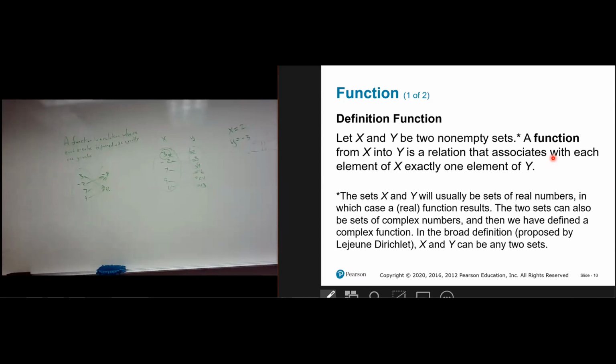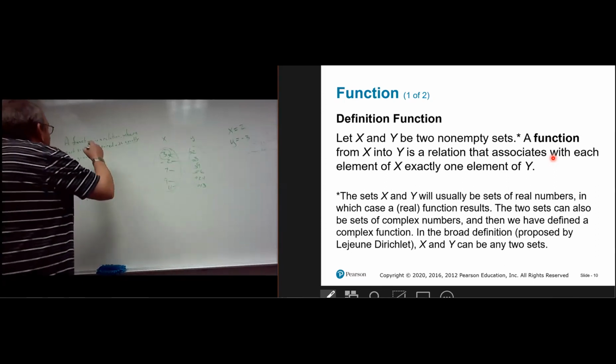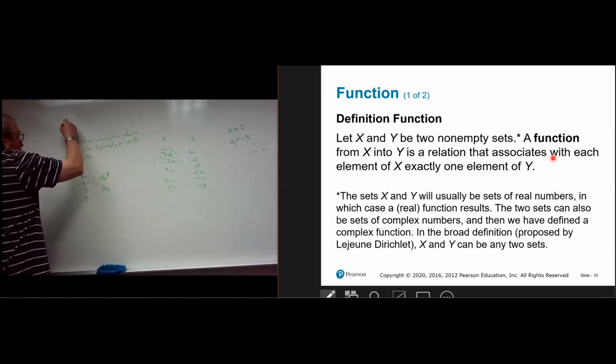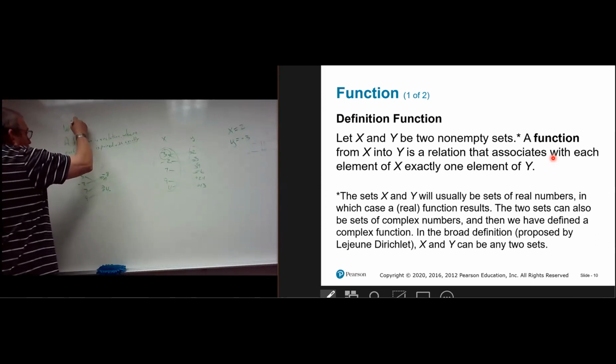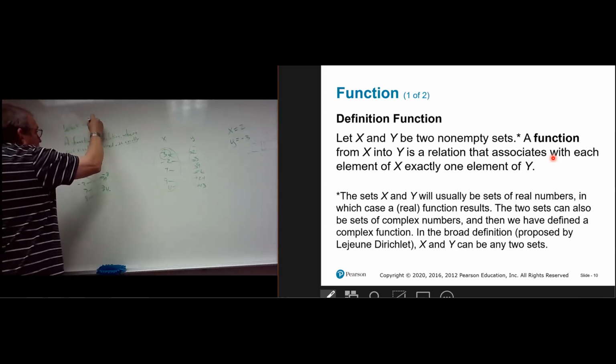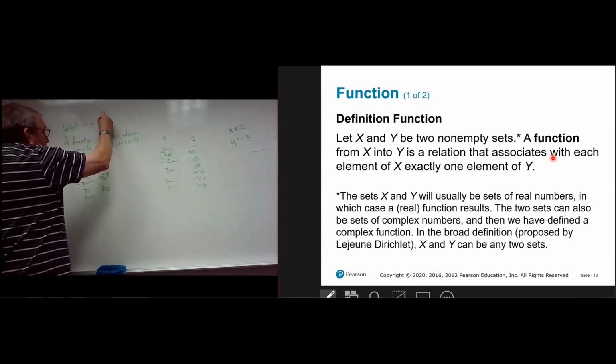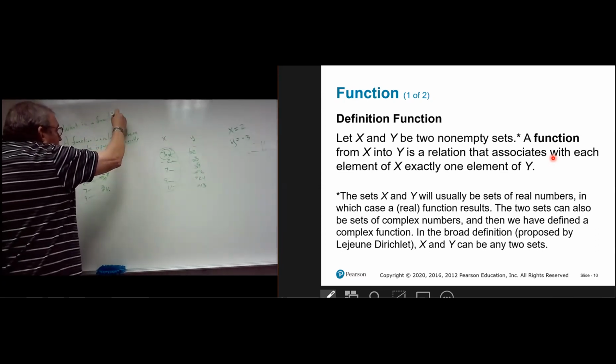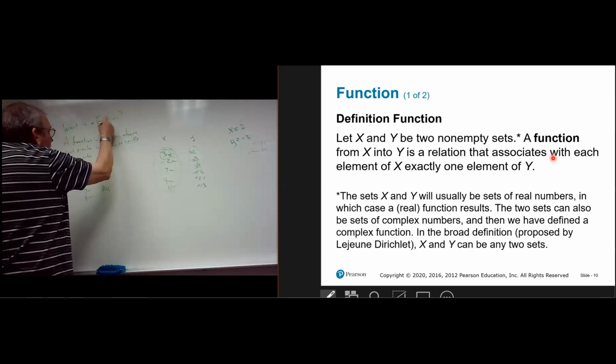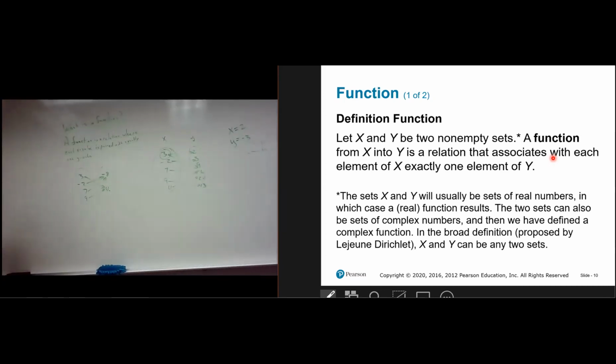You will have a question on the first exam and possibly all of the exams. That's the exact same question. And that question is, what is a function? What is a function?